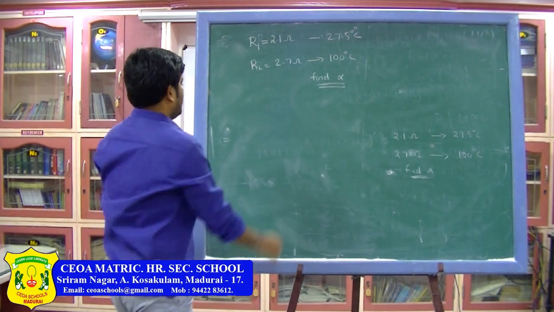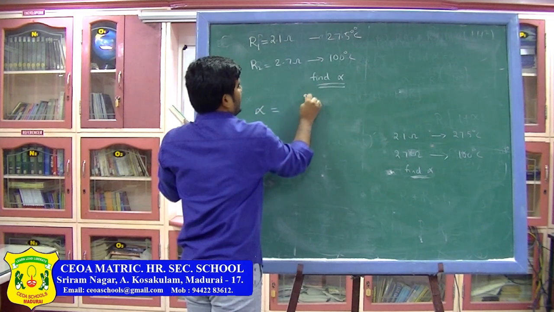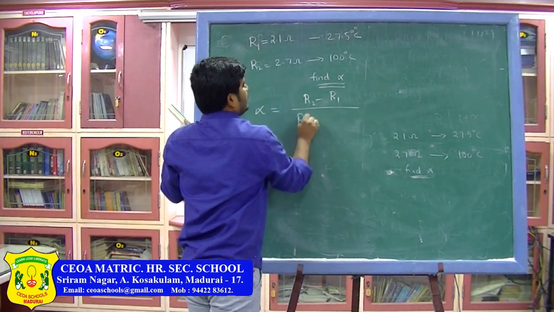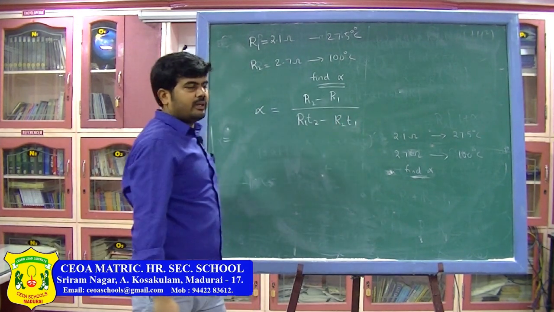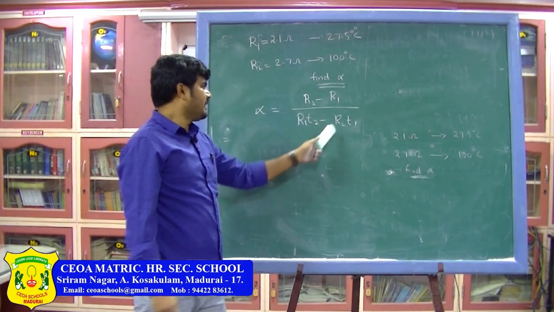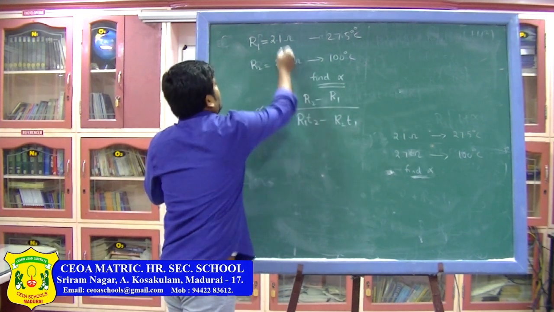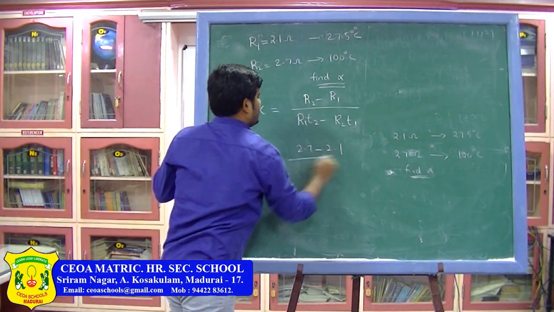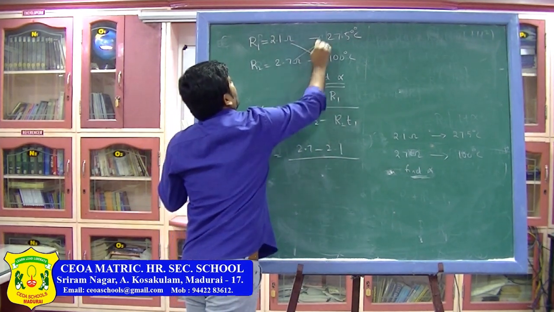So, it is a question of two resistances and two temperature values. So, I can use alpha formula directly as alpha is equals to R2 minus R1 divided by R1 T2 minus R2 T1. So, that is the formula I can use, because two resistance values given, two temperatures given, directly I can use this formula. Now, R2 minus R1. So, R2 is 2.7 minus R1 is 2.1 divided by R1 T2 minus R2 T1.